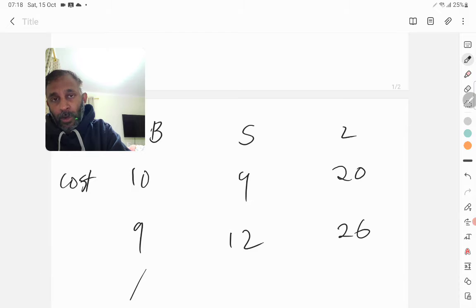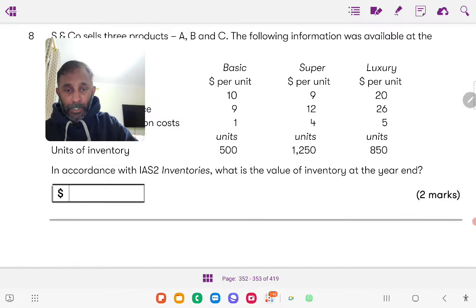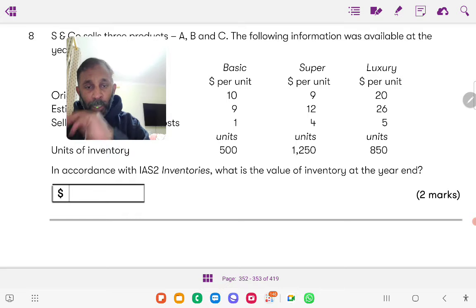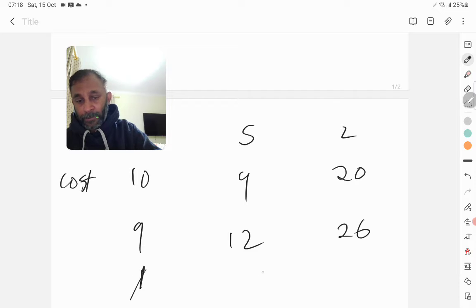Then how to calculate NRV is future selling price minus future completion cost and any future selling expenses. So here we have this selling and distribution cost given to us: 1, 4 and 5. So we take that 1, 4 and 5.